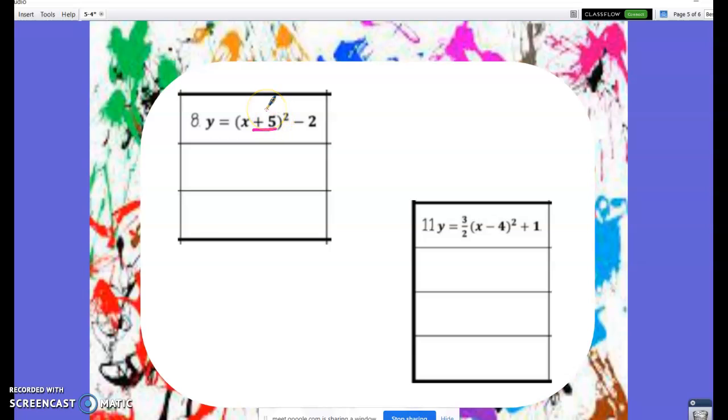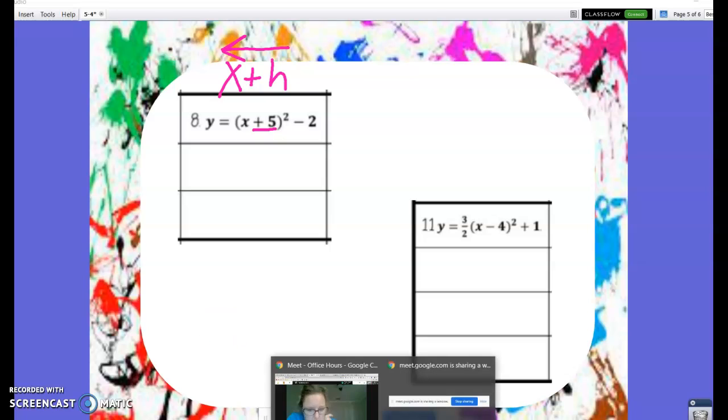Our h value is plus 5. So x plus h actually makes it move to the left because remember, standard form is a minus sign there. So this one would be, I forgot the terminology that they used, a left translation.